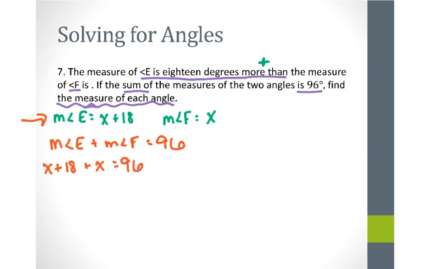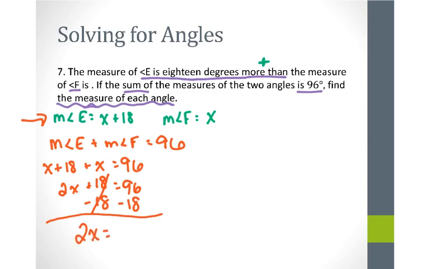Simplify, so combine like terms. Solve your two-step equation. Solve your one-step. So x is equal to 39.